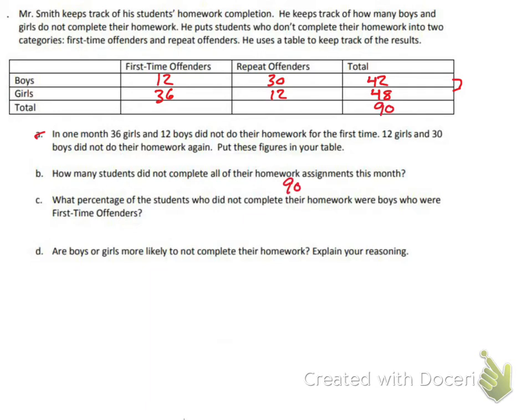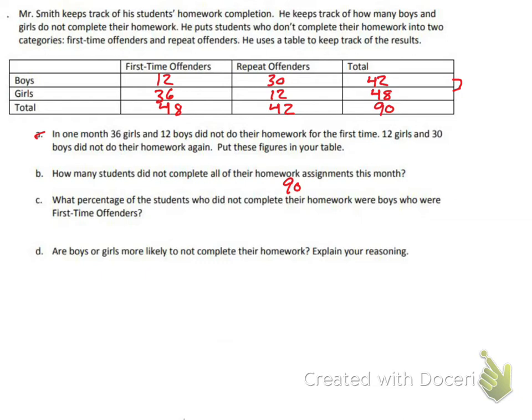What percentage of students who did not complete their homework were boys who were first-time offenders? I can find my total of first-time offenders by adding these: 36 plus 12 is 48. So out of the 48, you need to make a percentage.